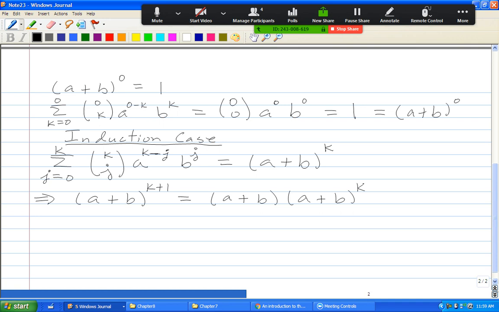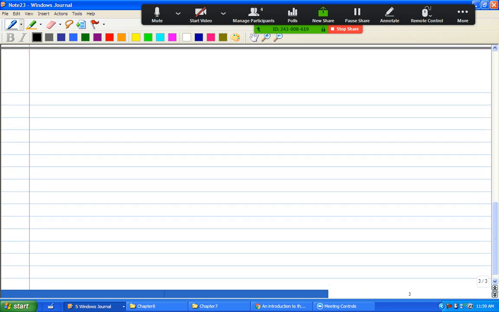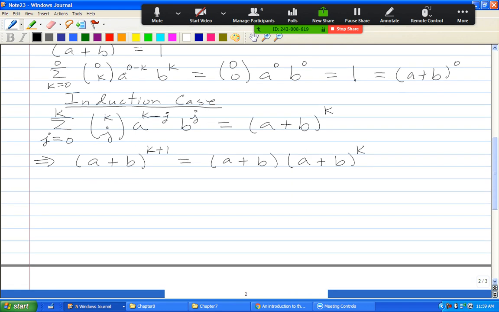Which is equal to a plus b times the sum j equaling 0 to k of k choose j a to the k minus j b to the j. Okay, good.